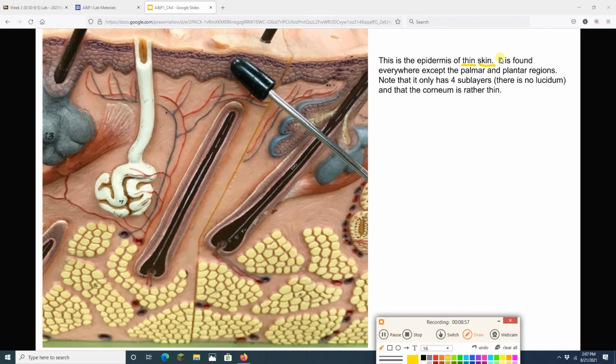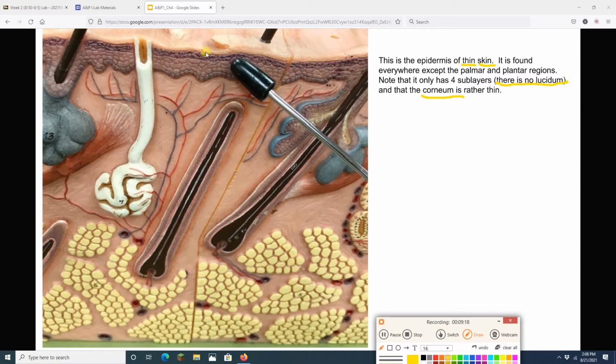Like its name suggests, thin skin is going to be thinner. Okay? Especially the corneum. The stratum corneum is like way skinnier. And also there is no stratum lucidum, so there are only 4 sublayers as opposed to 5. So this is my epidermis of my thin skin.